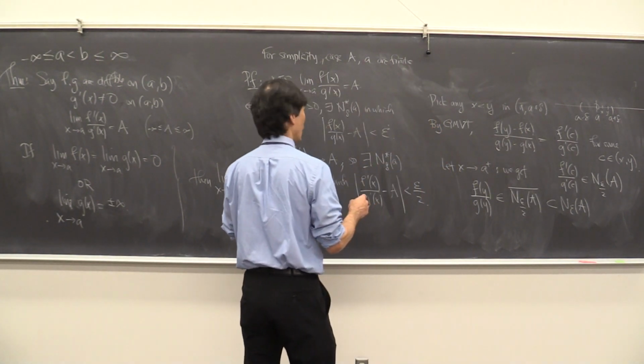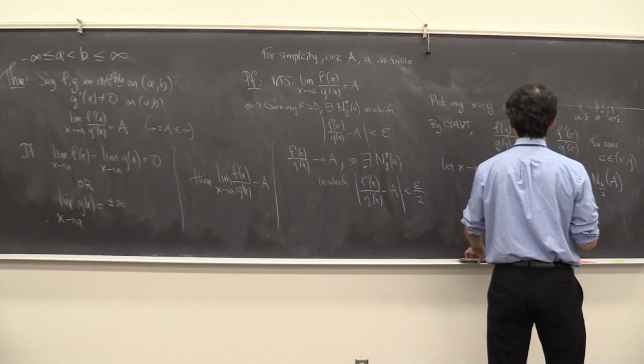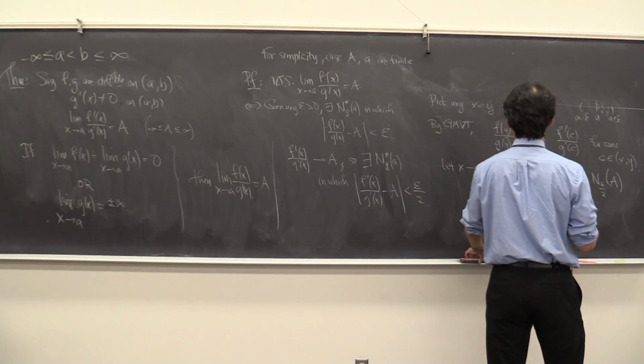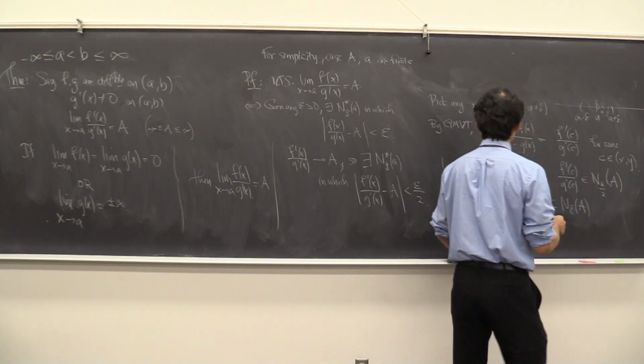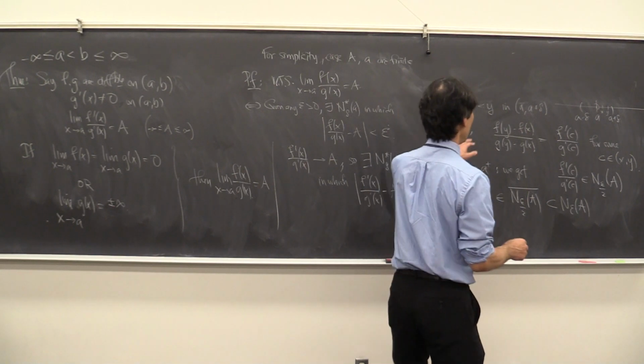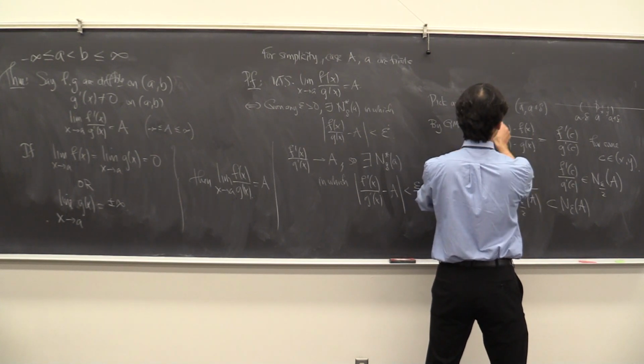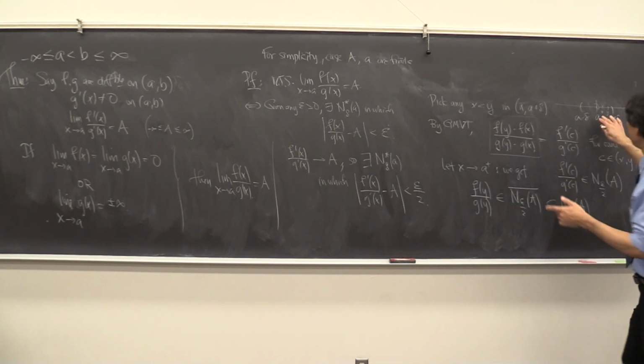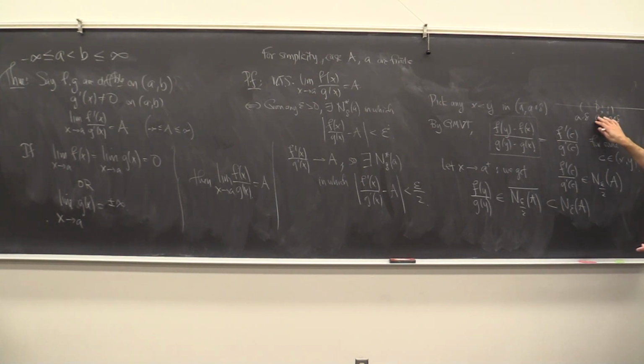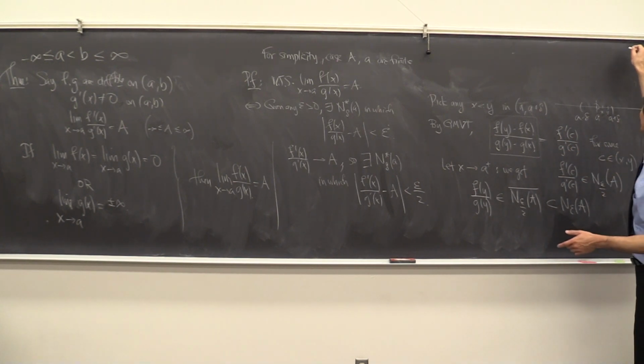So you know that whenever we take x, y inside here, then this ratio lies inside the epsilon over 2 neighborhood of A. I don't know if this is going to help, but here's A, here's the epsilon neighborhood, and here's the epsilon over 2 neighborhood.